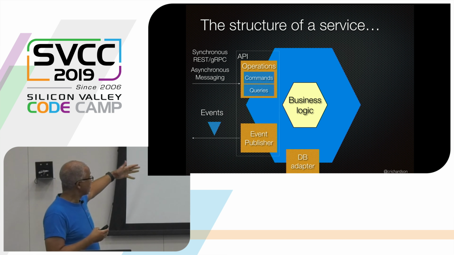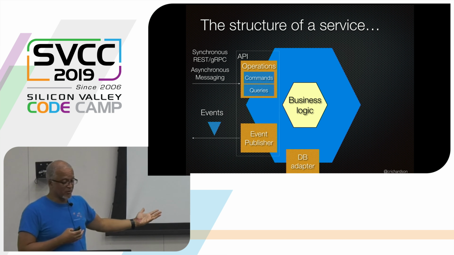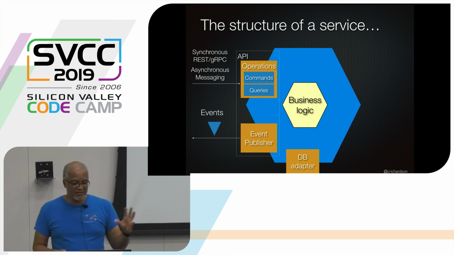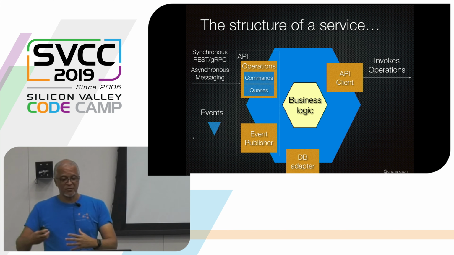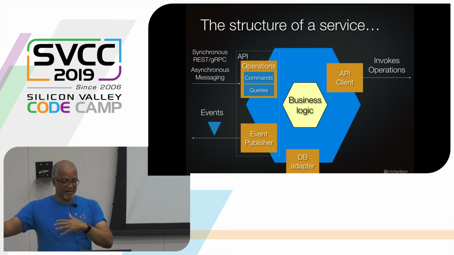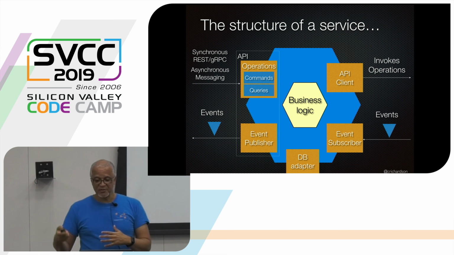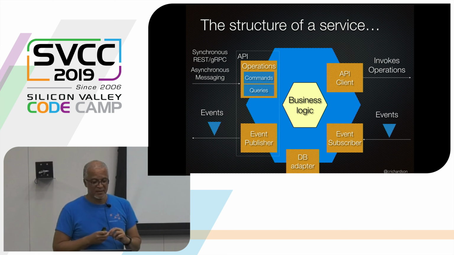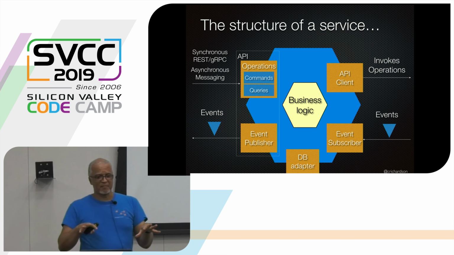In other words, it publishes these events to a message broker, and then interested consumers can subscribe to them. So that's the API of a service. The service can also invoke operations implemented by other services, and it can also subscribe to events emitted by other services. So that's the black box view of a service from a development perspective. There's an operational view of a service as well, which I'll talk about in a minute.